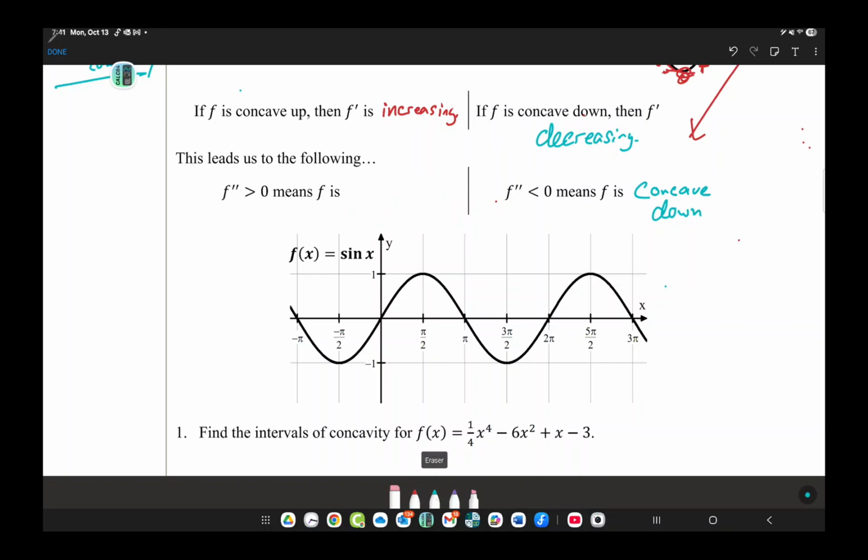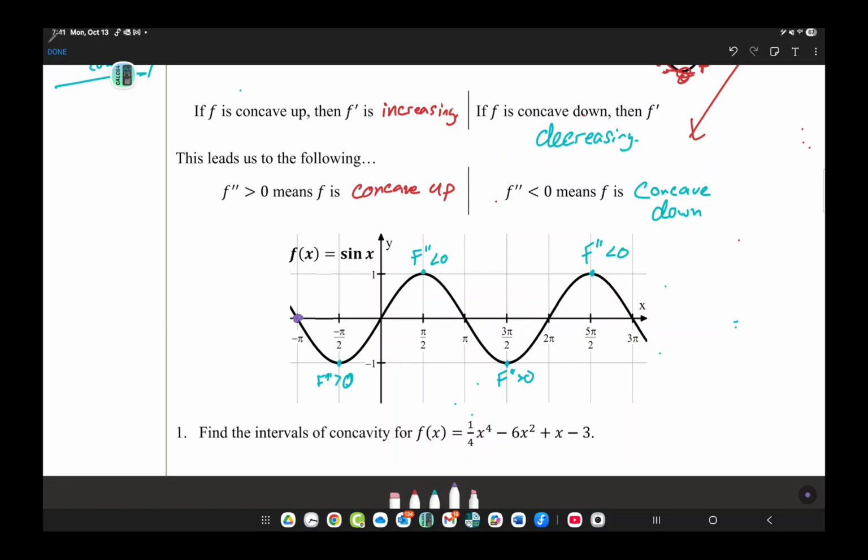So here, looking at our points of extremity, here f double prime is greater than 0. Here f double prime is less than 0. Here f double prime is greater than 0. Here f double prime is less than 0.